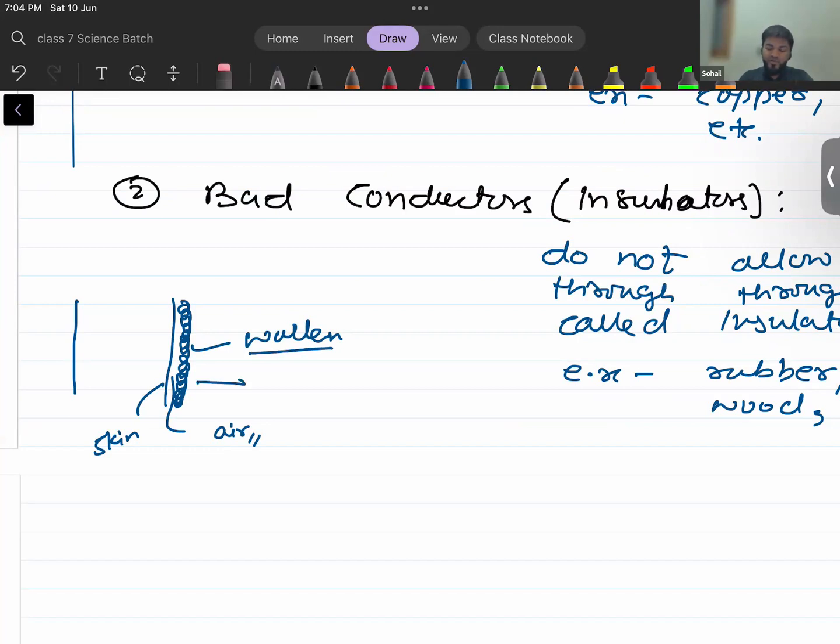Woolen cloth does not allow the air to escape through it. Plus, heat will also not escape via the woolen cloth. While if someone wears a cotton shirt during winters, heat will easily escape through the cotton clothes due to fine gaps in it. So that's why woolen clothes are worn during winters, right?